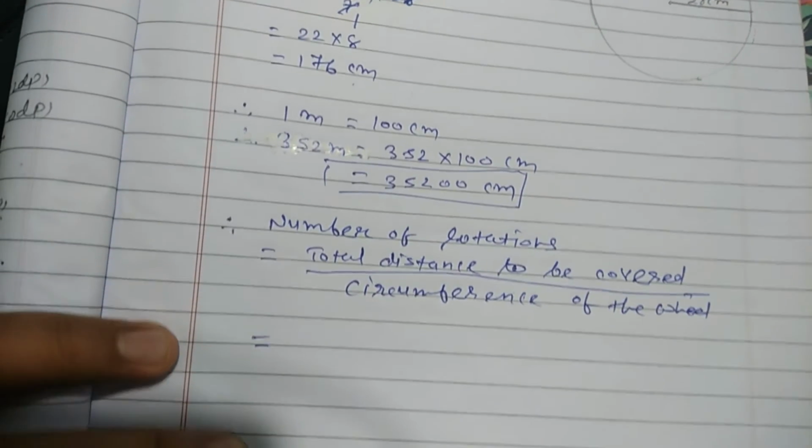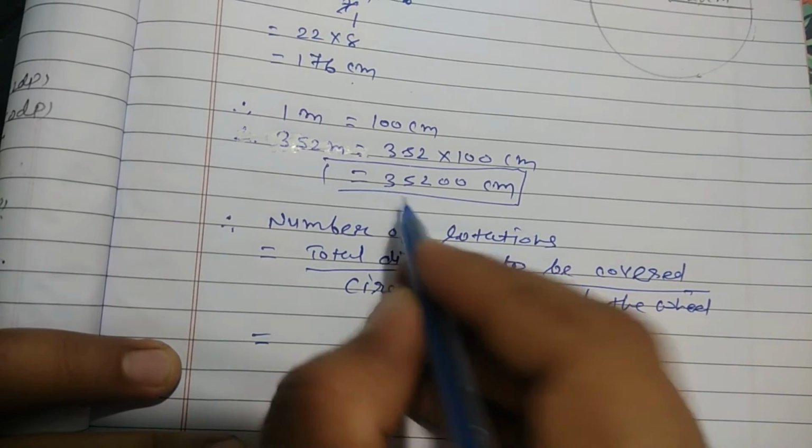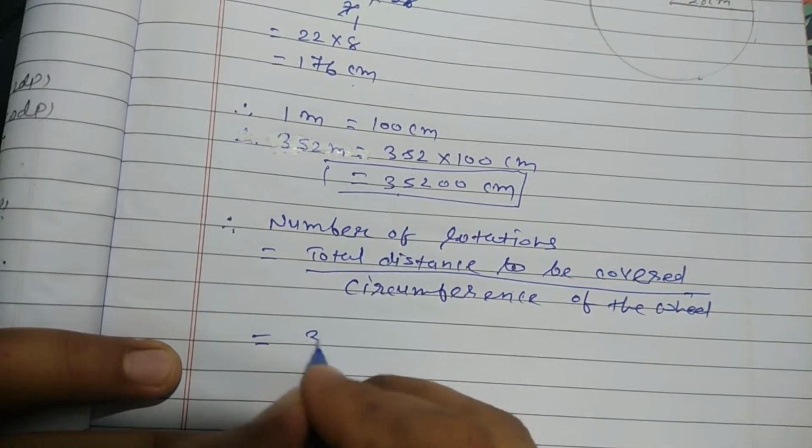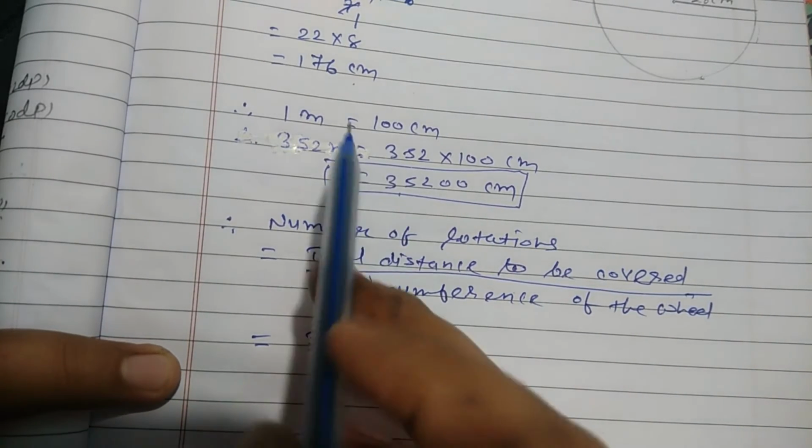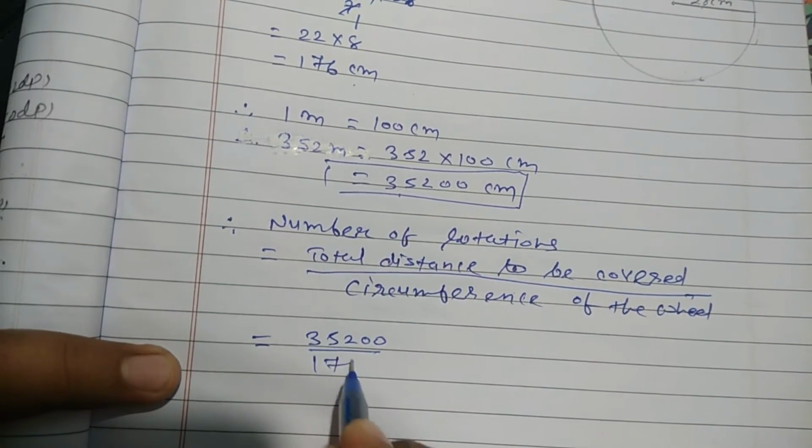And that is equal to total distance to be covered, it is 35,200 centimeter divided by circumference of the wheel, which is 176.